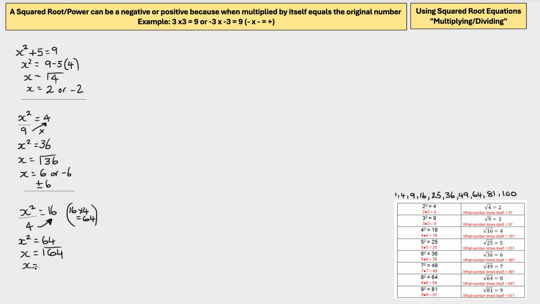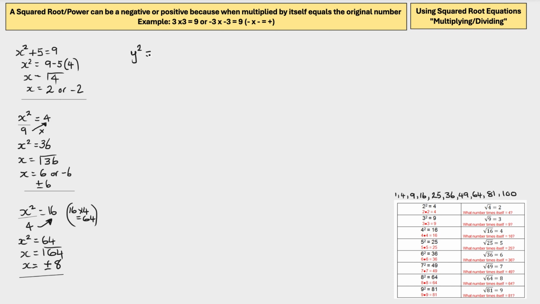We know that the square root of 64 is 8 because 8 times 8 is 64. So there are our two possible answers. Once you get to grips with this, it's actually not difficult at all.